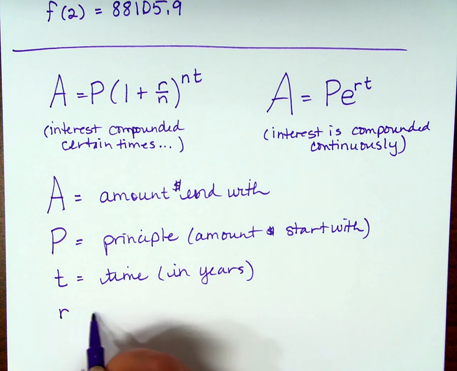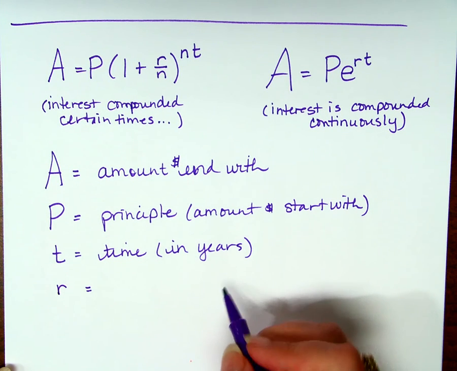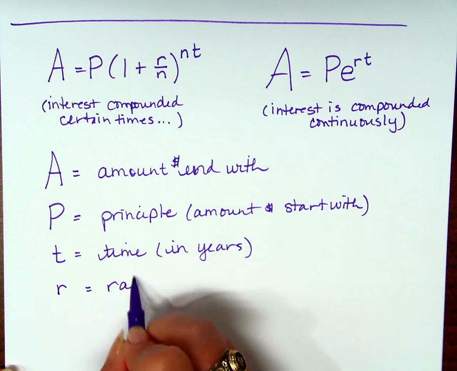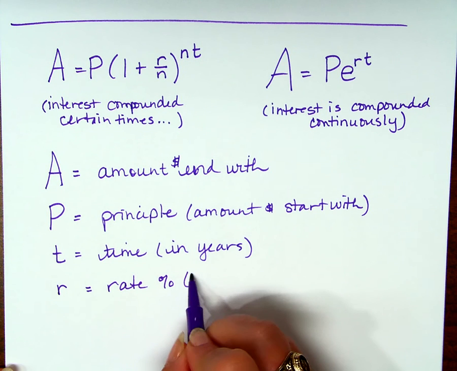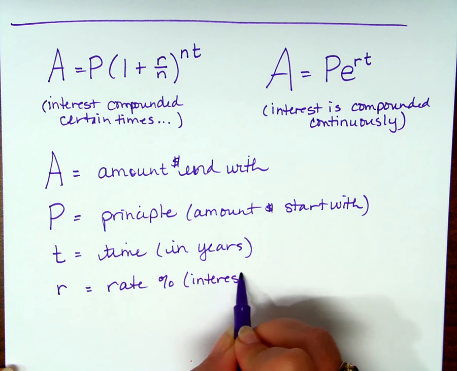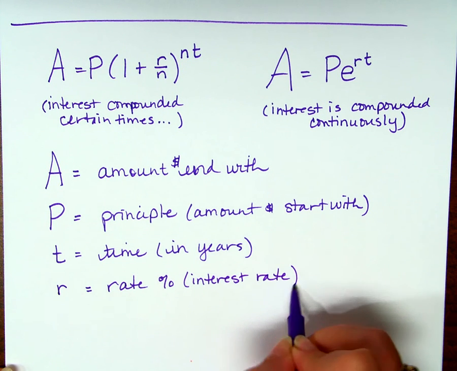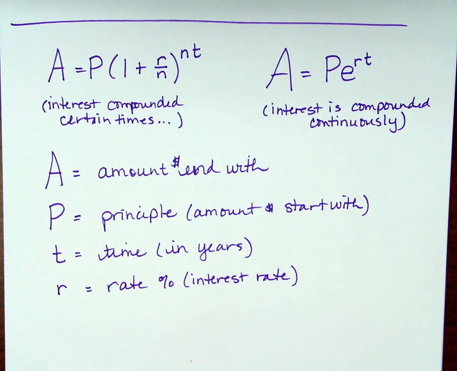What about the r? It's the rate. It's the percent, right? It's the interest rate. So if it tells you 6% interest rate, what do you have to do? You need to convert it to a decimal, don't you? Okay, please don't forget to do that.